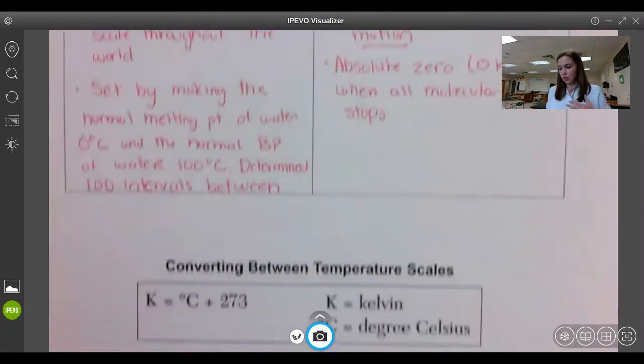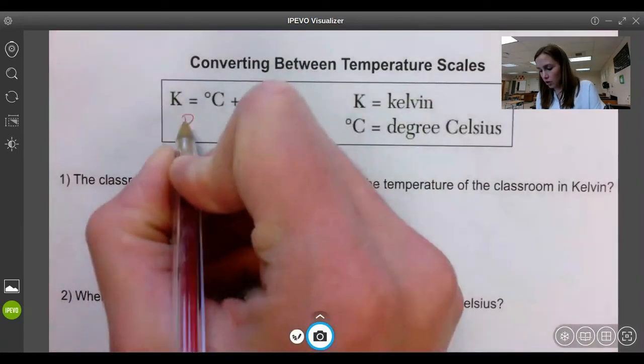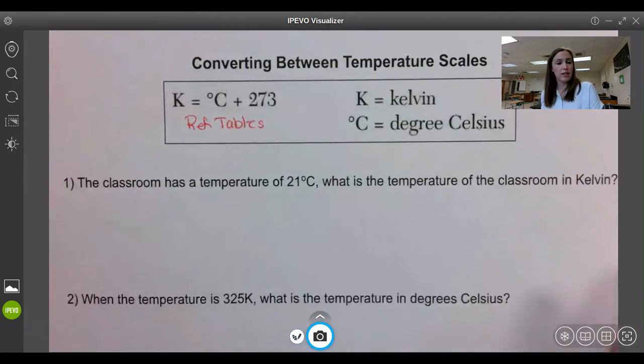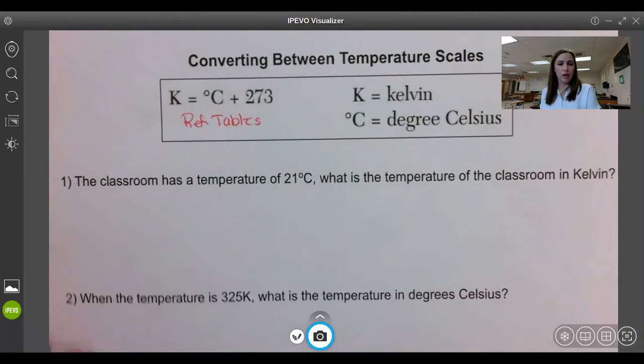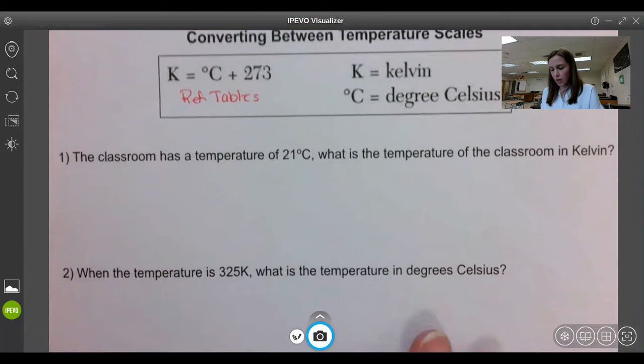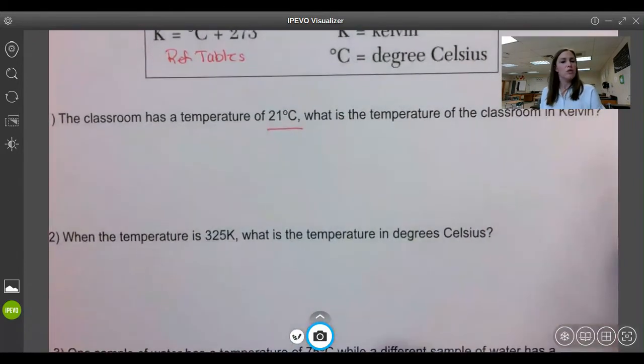So let's actually get into the last part of this objective, which is converting between these two scales. This is right on the back of your reference tables. So it's an equation that you are given. And we're just going to go through a couple of calculations and then talk about how this can get applied a little bit further. So in this first one, the classroom has a temperature of 21 degrees Celsius. That's about room temperature.